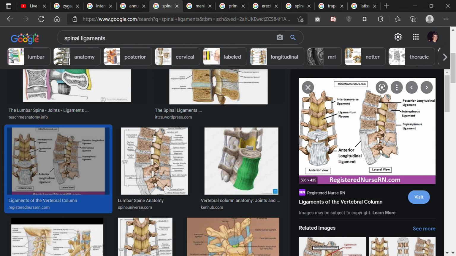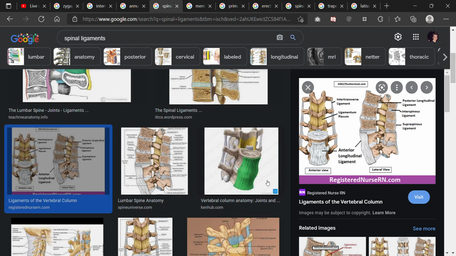And all these ligaments help keep the spine upright. They help keep it mobile and bendable, and a functional structure.